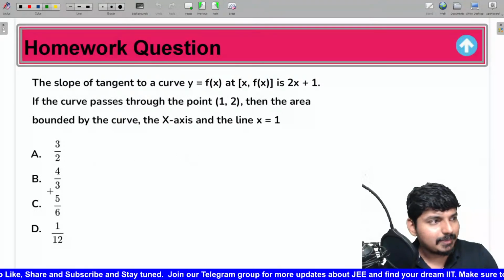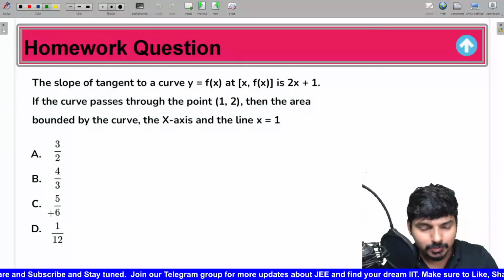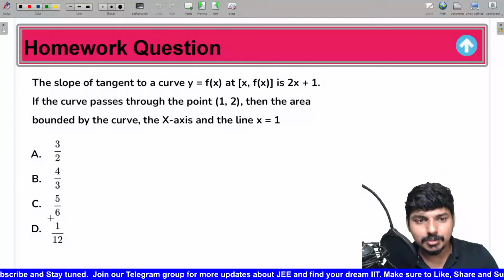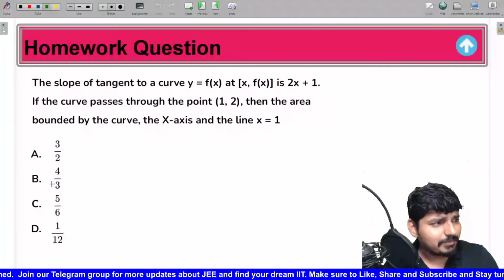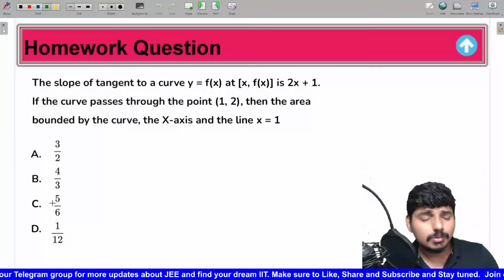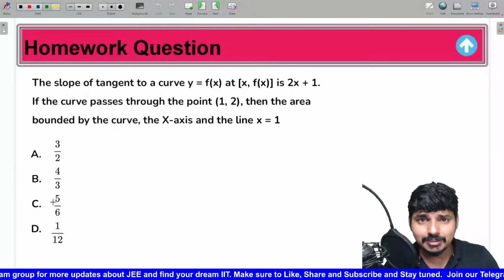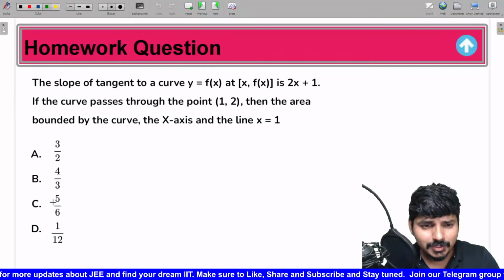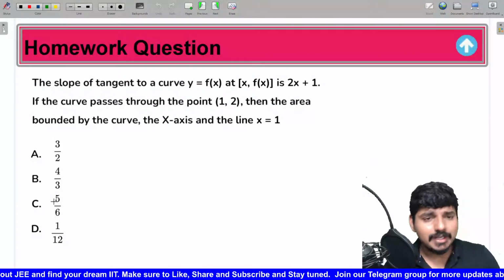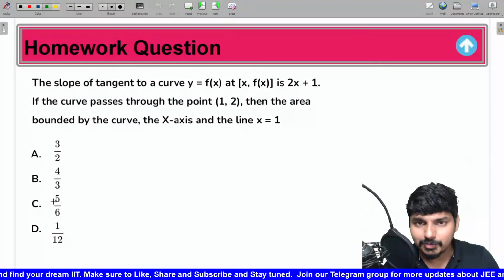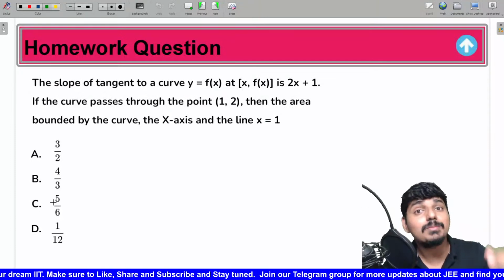You see, options A, B, C and D are given. Can you tell me which answer you got, option A, B, C or D? Okay, let us do one thing. Let me solve the question for you and see which answer I get.